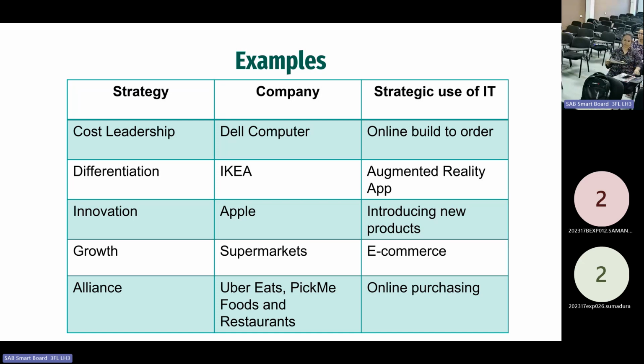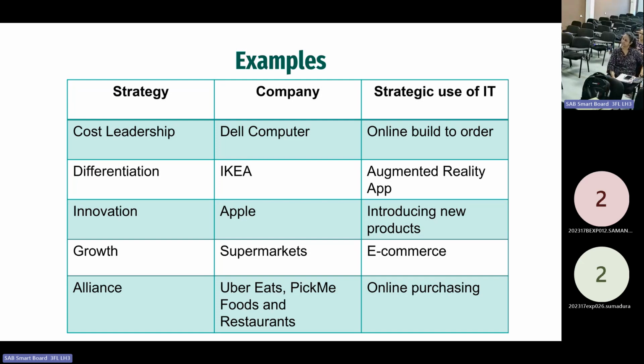A very good example is Uber Eats and Pick-me Food. Uber and Pick-me, what is their basic business? Transportation. But now, along with that, they have Uber Eats and Pick-me Food.